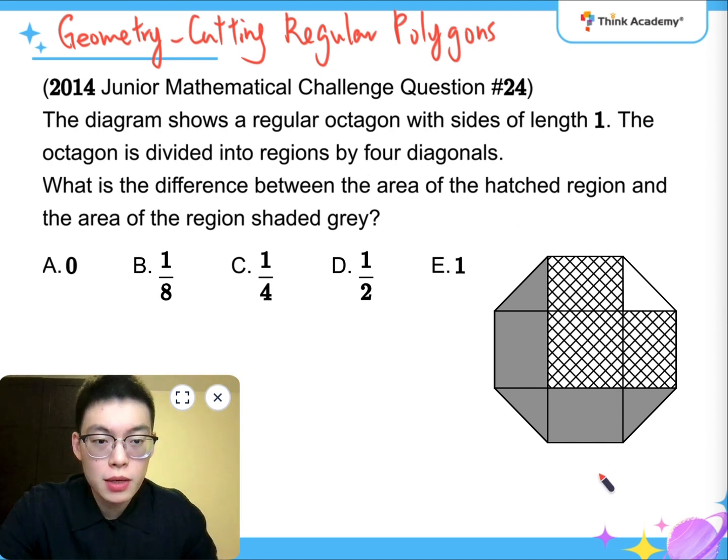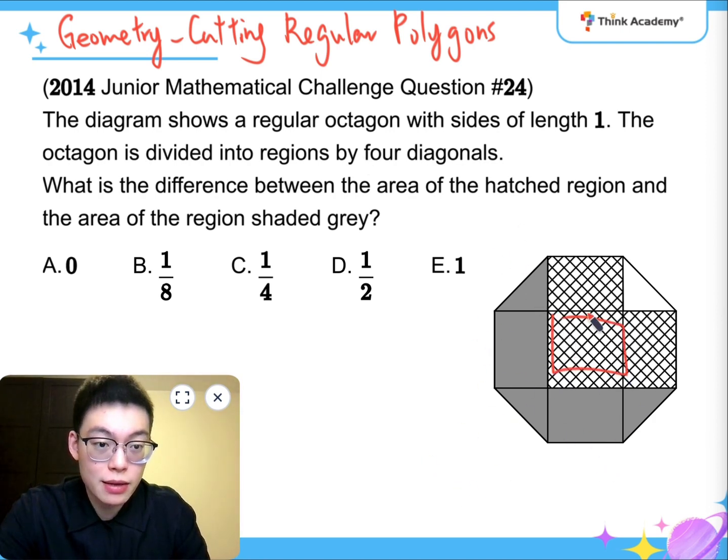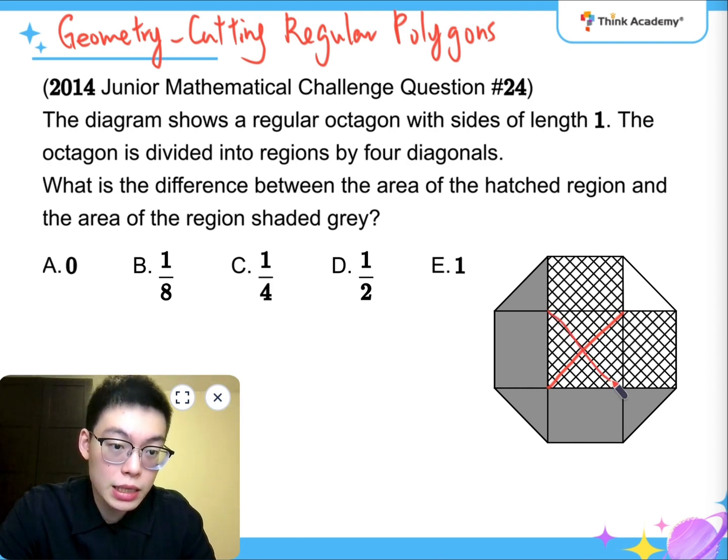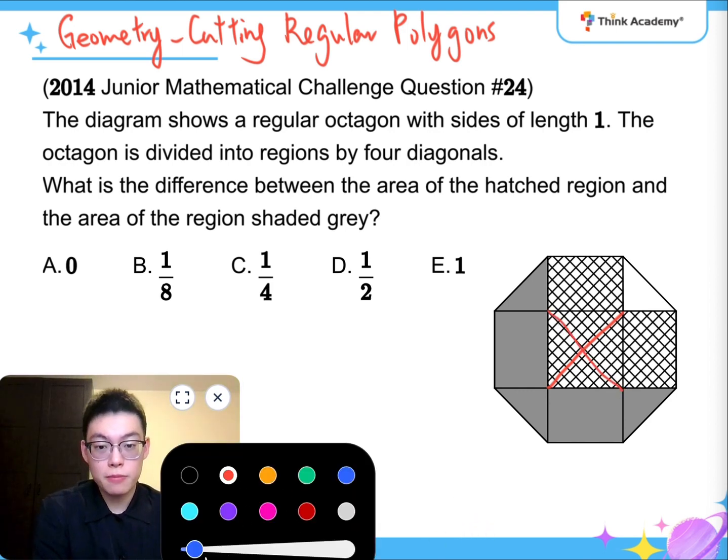Basically, first of all, we can see that this shape has got a square, 4 rectangles, and 3 triangles in it, right? And how we can cut the polygon up is actually by drawing a cross inside the square. All right?